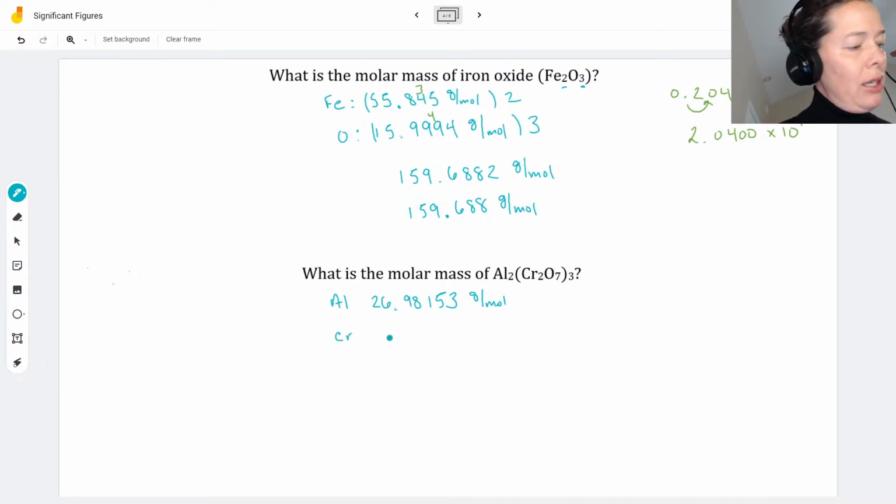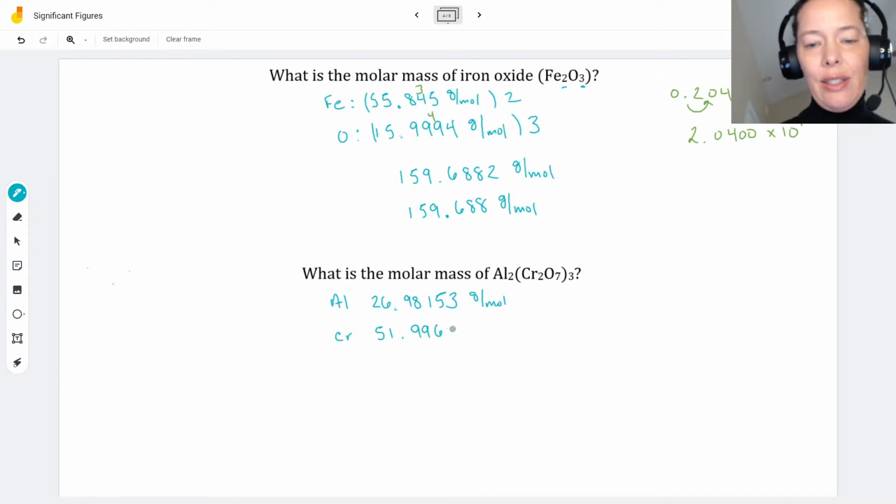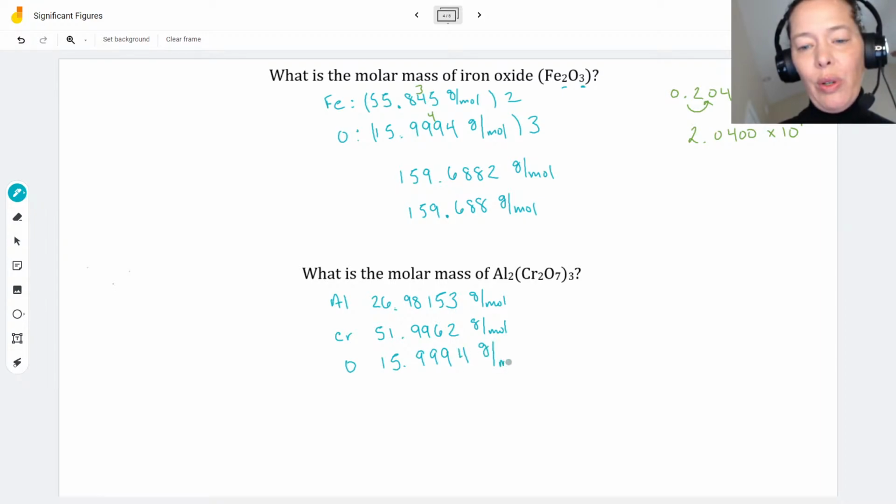Chromium is 51.9962 grams per mole. And of course, oxygen is the same as I had it up there, 15.9994 grams per mole.